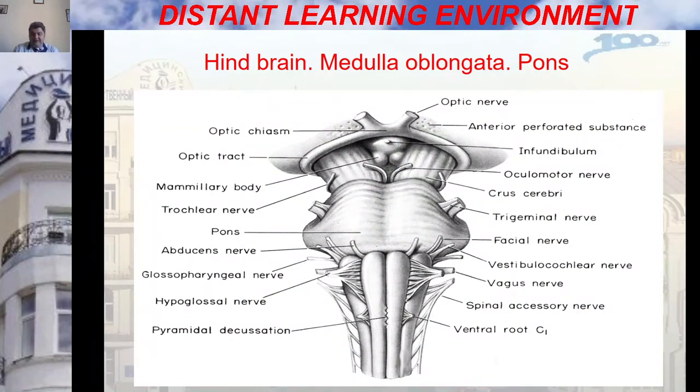Some of the bundles of nerve fibers composing the pyramid decussate, you may see the decussation here, in the depth of the anterior median fissure with the bundles of the contralateral pyramid to form the decussation of the pyramids, and then descend in the lateral funiculus of the contralateral side of the spinal cord.